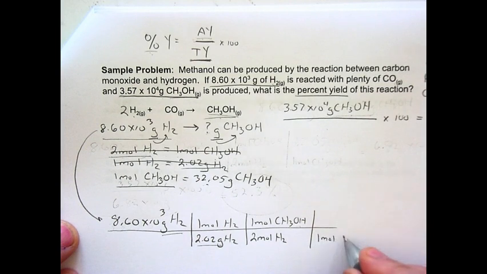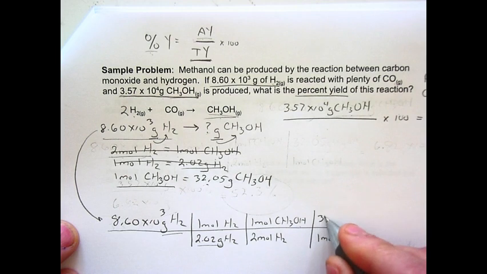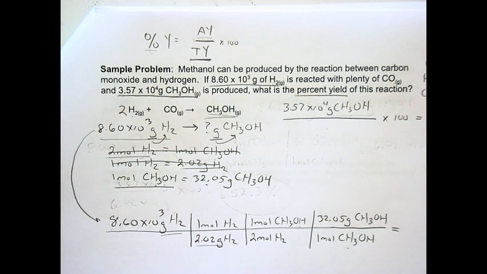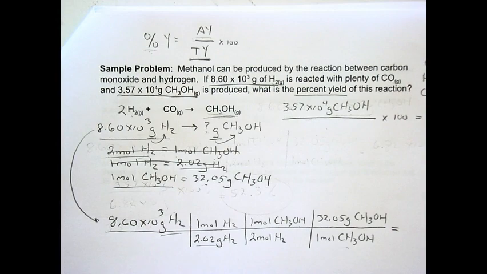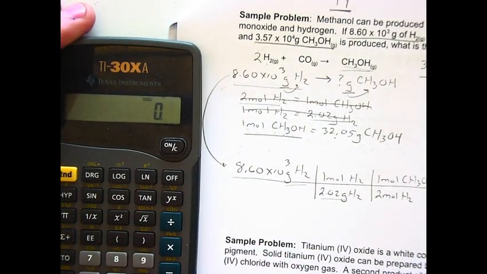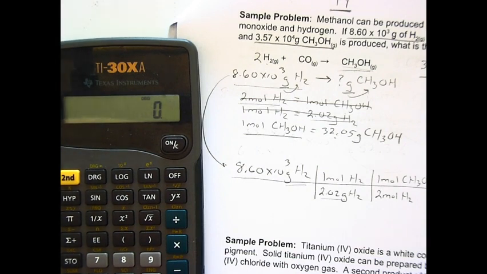And finally, we have moles of methanol here, so we want that down here. 1 mole of methanol is equal to 32.05 grams of methanol. Using our calculator, numbers on top we multiply, numbers on the bottom we divide.